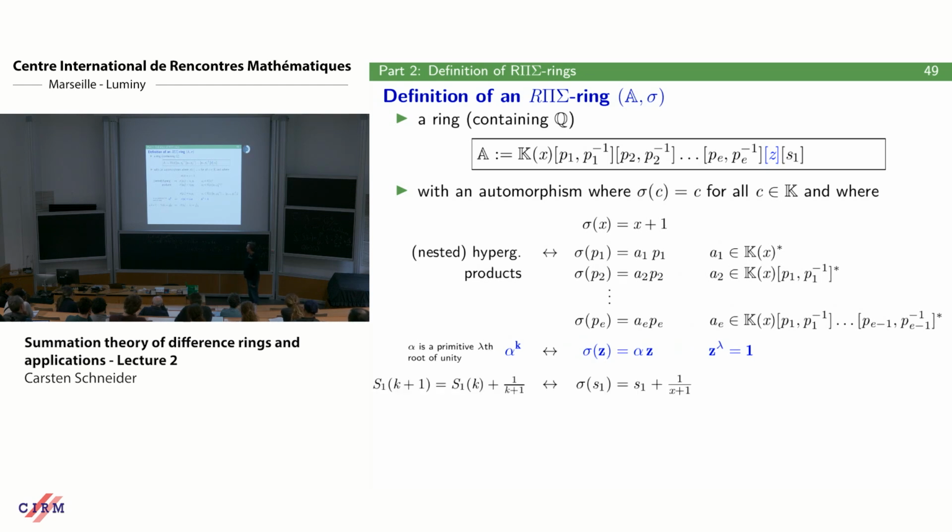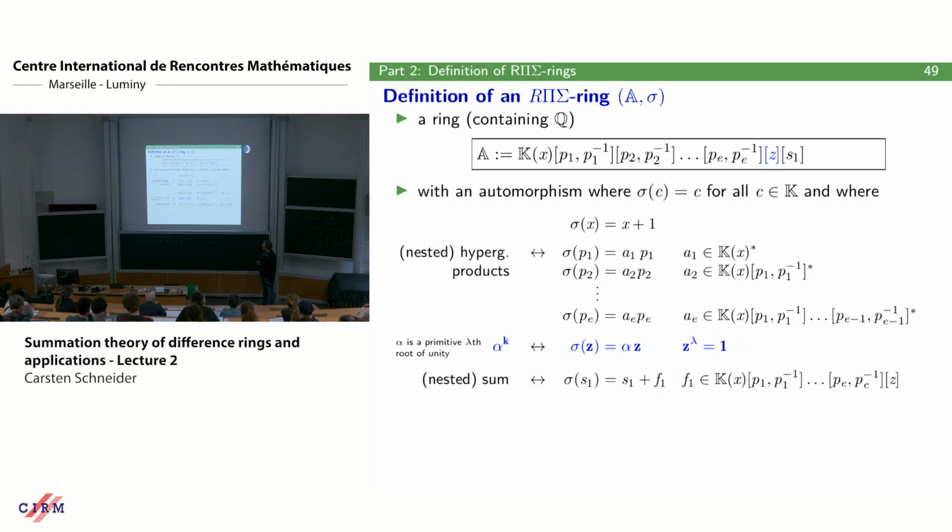Okay. Now, on top of that, for instance, we want to model the harmonic numbers, and you have seen exactly this example throughout my lecture already. More generally, we can have a nested sum, so F1 can be any element, the summand can be any element in the ring below. And I can repeat, I introduce a new variable here, a new polynomial ring extension, and F2 can be again in the ring below, depending on S1 and all the variables below.